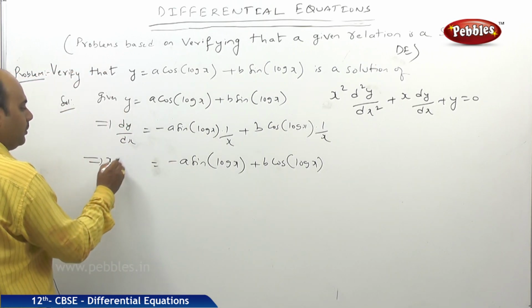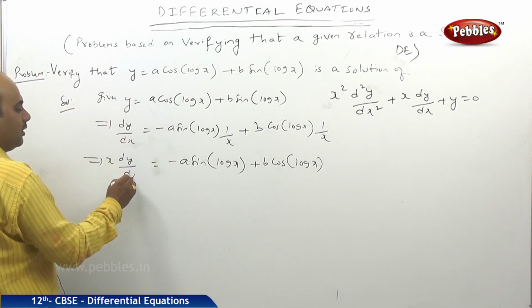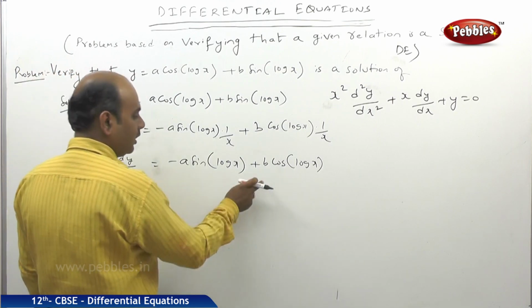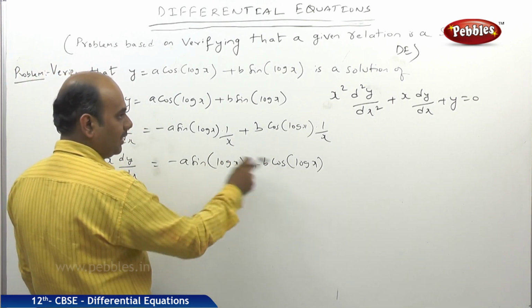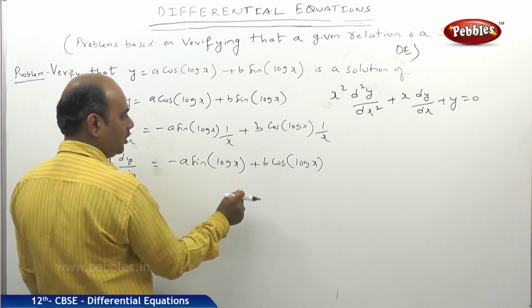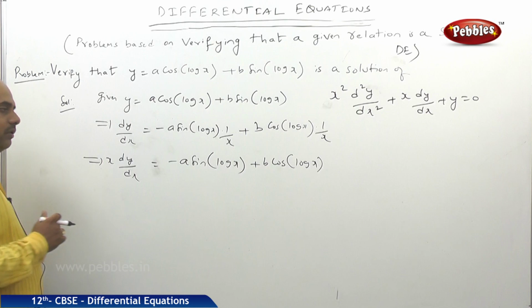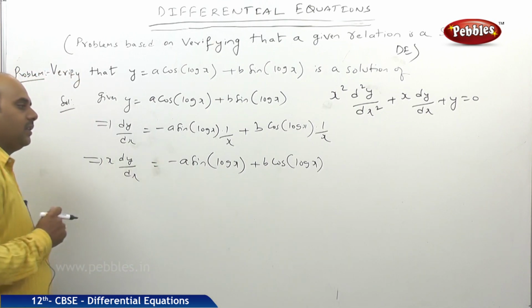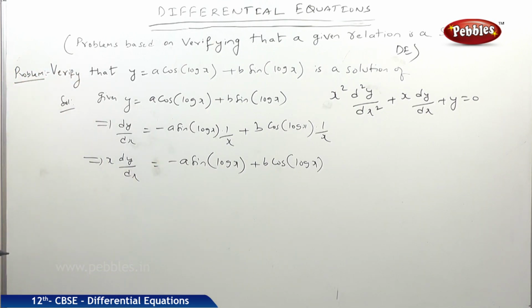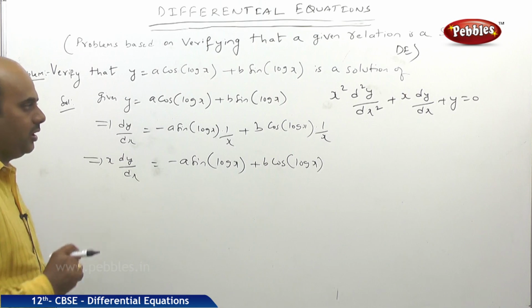This x in the denominator, I will send to the left hand side. So we got x into dy by dx is equal to minus a sin of log x plus b into cos of log x.